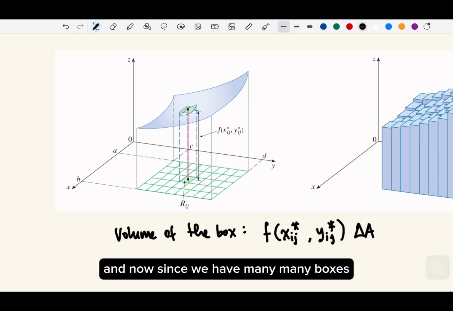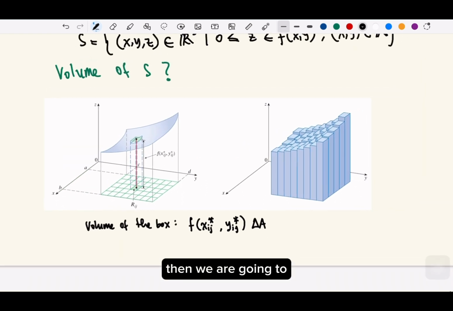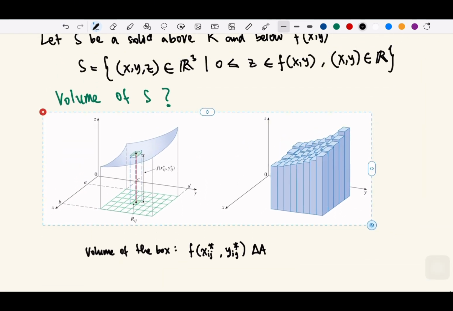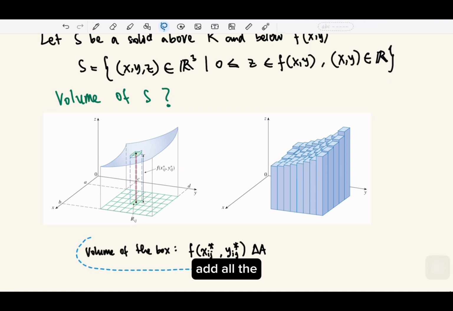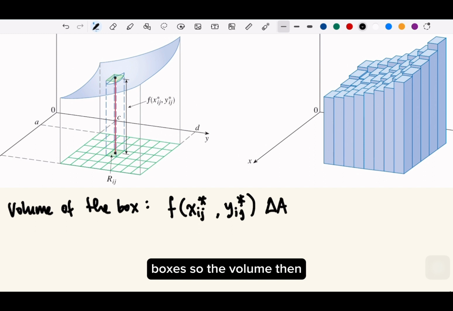And now, since we have many boxes, we are going to add all the boxes.